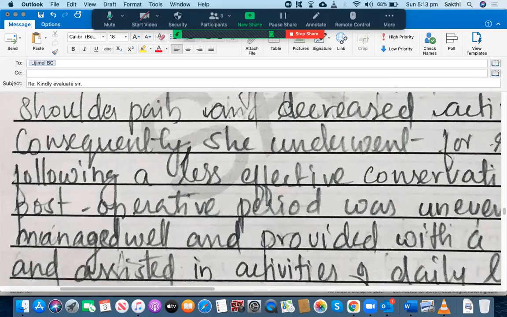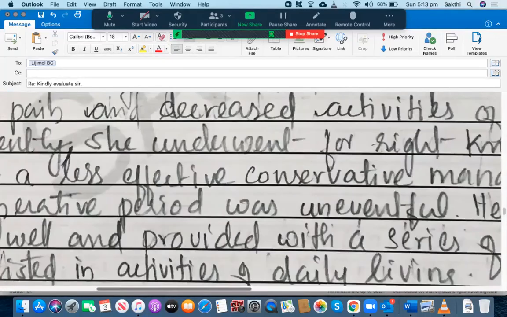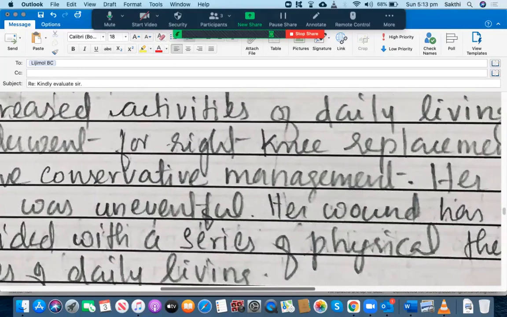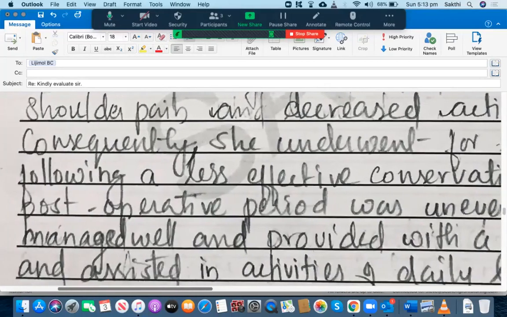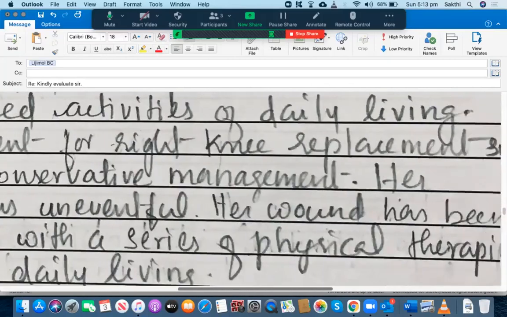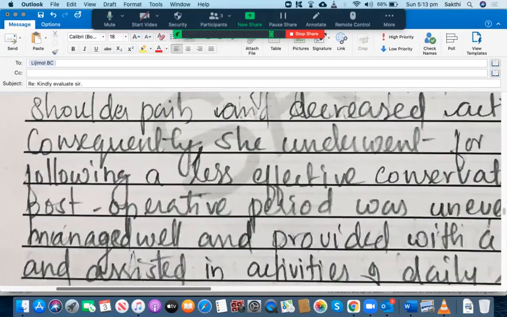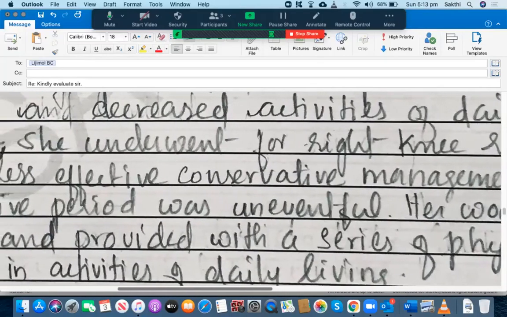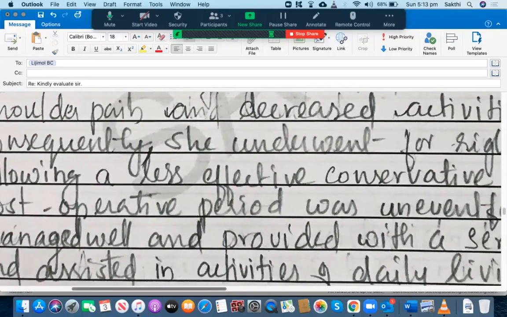Okay, let's go through the next one. Her post-operative period was uneventful. Okay, that's all right. Her wound has been managed well and provided with a series of physical therapies. Okay, that's good. And assisted in activities of daily living. No. You have used "and" several times in this sentence.